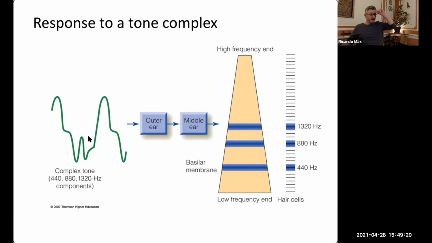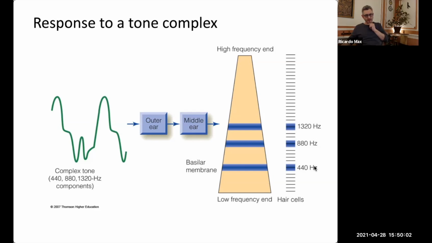So this complex sound is simultaneously these three frequencies at the same time comprising this entire airwave. So it comes from the outer ear to the middle ear, and then the stapes transmit here. This is our basilar membrane, right? This is the base, this is the apex.